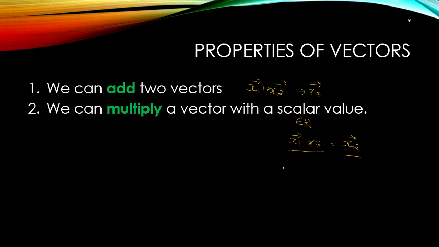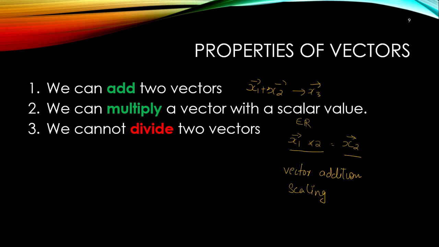Or we can say vector addition and scaling. That is the term we use. Scaling means we can increase the magnitude of the vector or decrease the magnitude of the vector. So we can stretch the vector or we can reduce the vector. These are the two operations allowed.